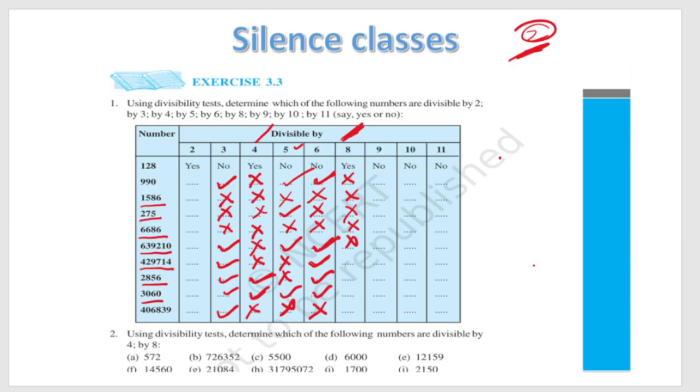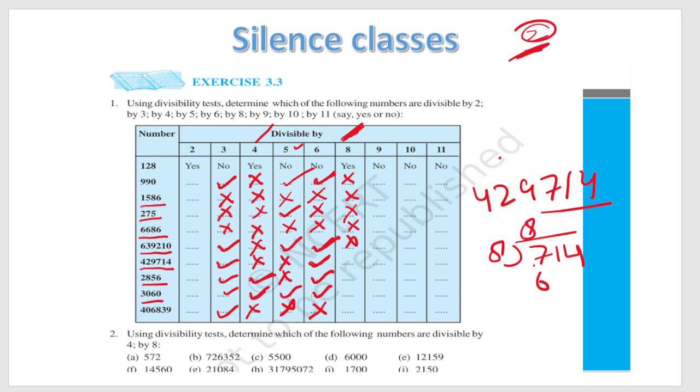What the question is saying: 429714. Sorry, 714. 8 eights are 64.